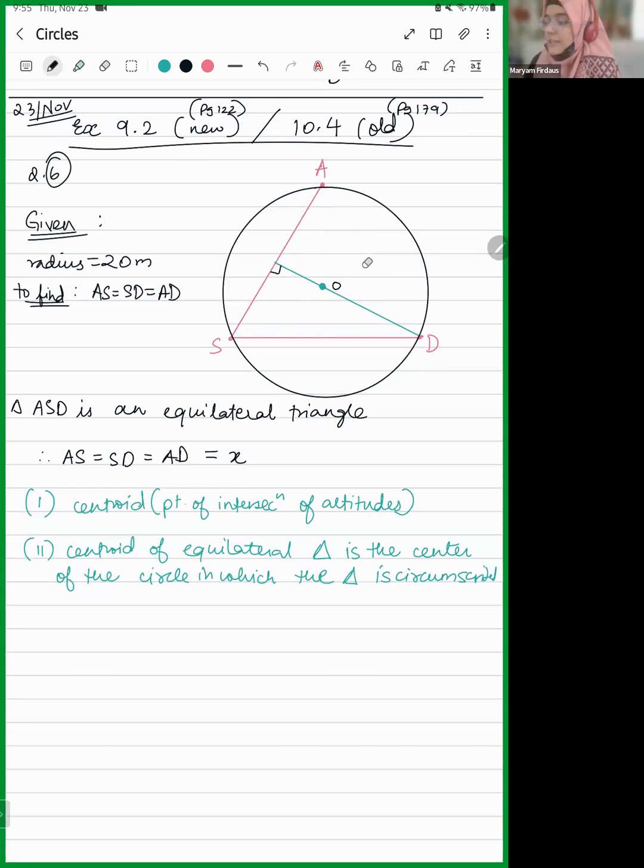If you have a line segment from the center of the circle which is perpendicular to a chord, then what can you say about this perpendicular and the chord? What is the relationship between them? You've done many questions on this. What does this perpendicular line, this blue line, do to this chord? What does it do to the chord?